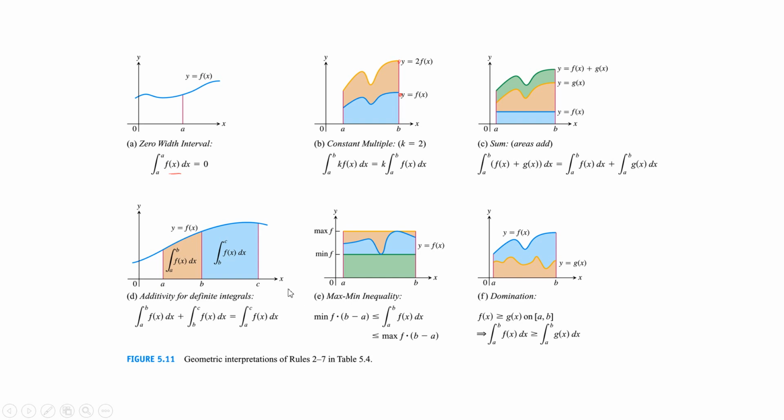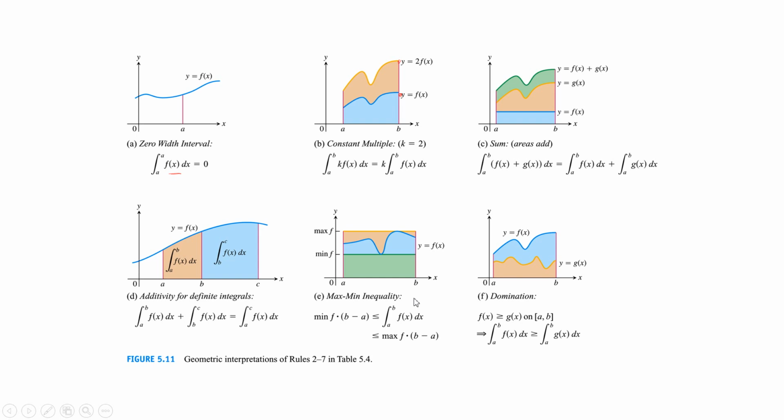If this is the interval ac, as I told you before, and we have a point b between the interval, then the area under the curve from a to c is the area under the curve from a to b plus the area under the curve from b to c. Above the x-axis, of course. So this is how it can be split: the integral from a to b of f(x) plus b to c is equal to the integral of f(x) from a to c.